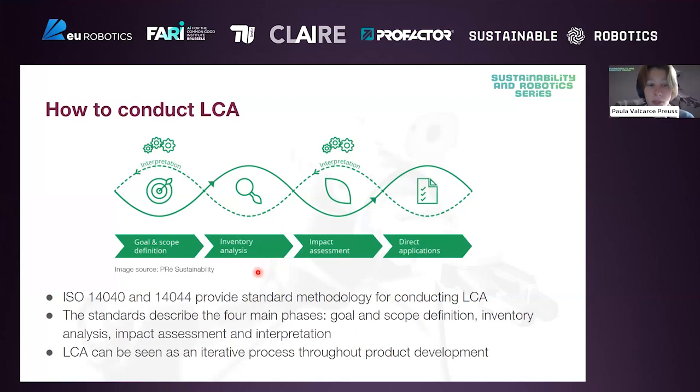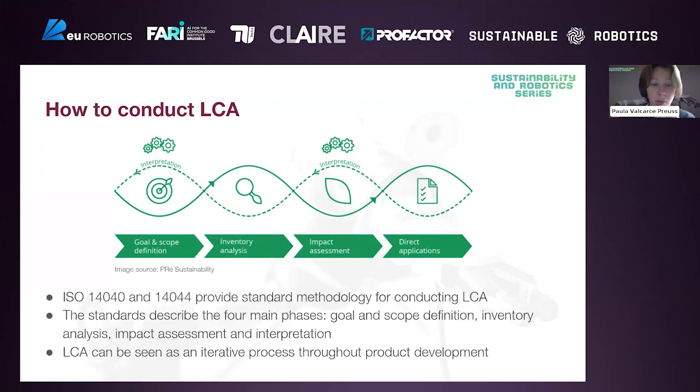And then based on these inputs and outputs, you can conduct your impact assessment. The impact assessment takes a few categories that you want to look at. The most popular one, or the one that most people are familiar with, is climate warming potential. So how many greenhouse gases are emitted by this process, measured in CO2. But apart from this, there's many more impact categories.